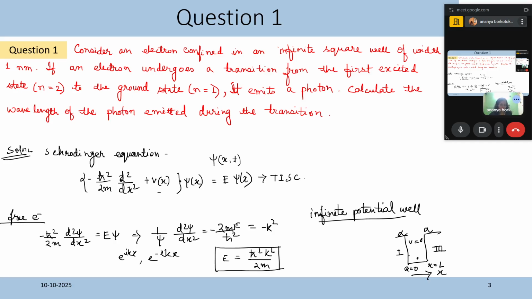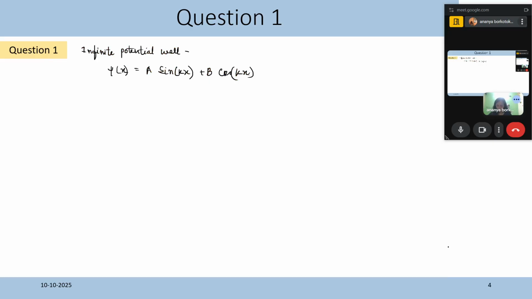That means the wave in region 2 also, at this point it has to be 0, at this point it has to be 0, at x equal to 0 and x equal to L. So this we call a boundary condition, and based on that we solve, we use the condition that at x equal to 0 and x equal to L, psi of x will be 0 and also the derivative of psi of x is also 0.